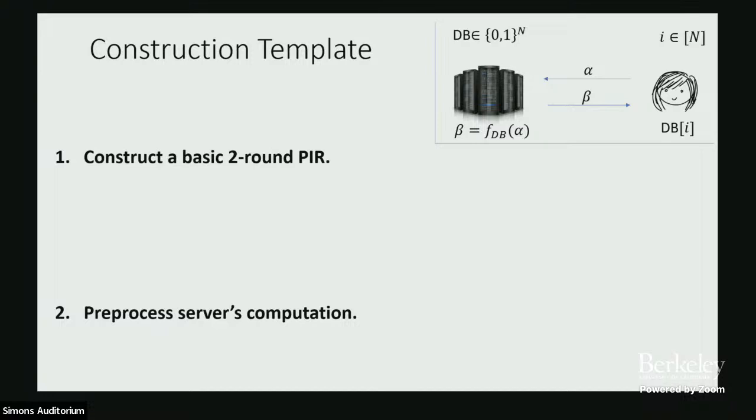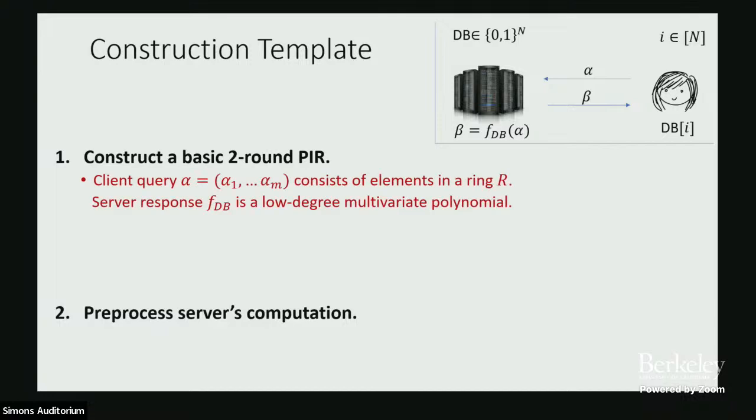So the first step is we're going to try to contain step one a little more, to give it a nicer format. In particular, we're going to construct a two-round PIR scheme where the client query consists of some small number of ring elements in some ring R, and the server's computation is just evaluating some low-degree multivariate polynomial over the client's ring elements.